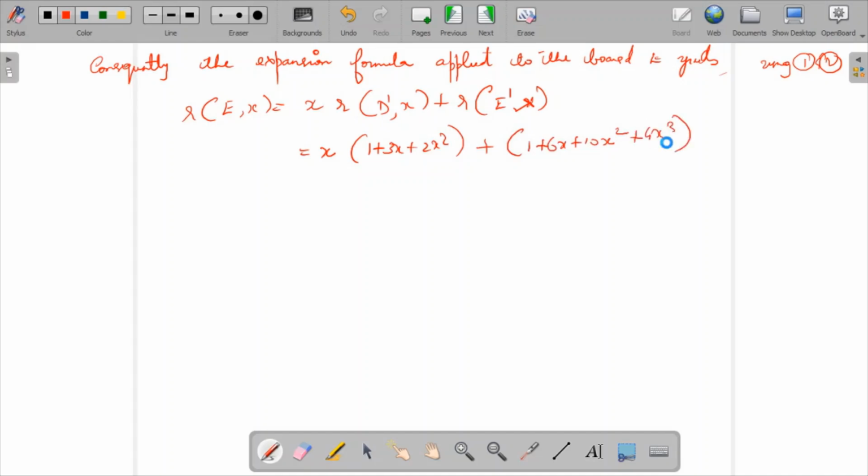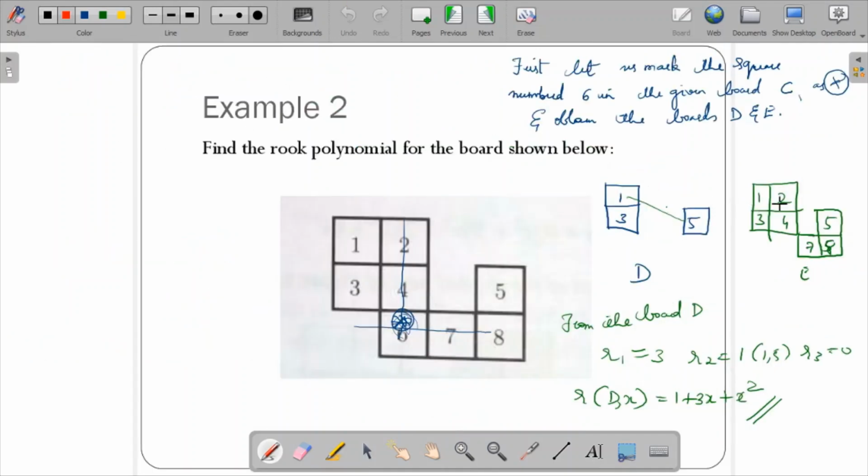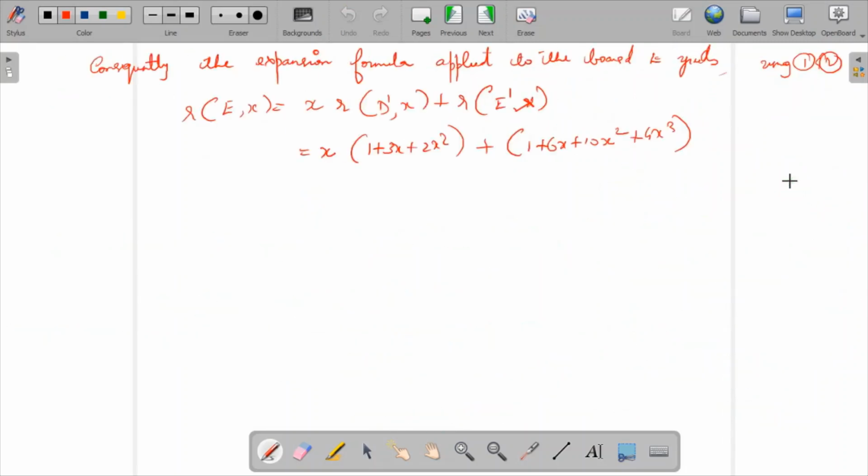For these two tables I multiplied to find only this, and I'll get the result as 1 plus 7x plus 13x square plus 6x cube.